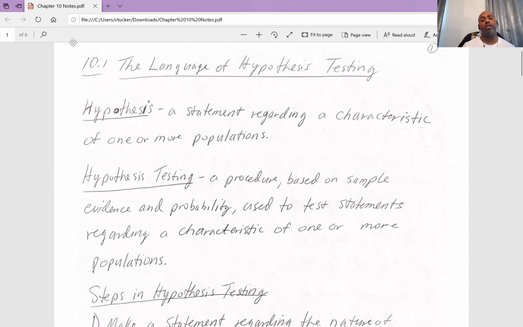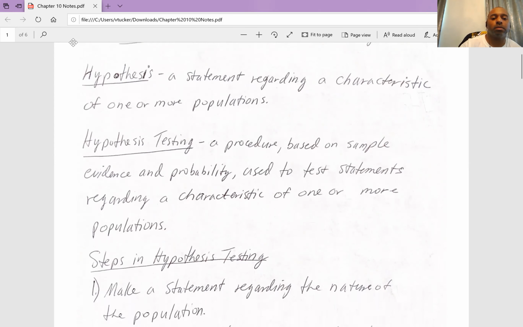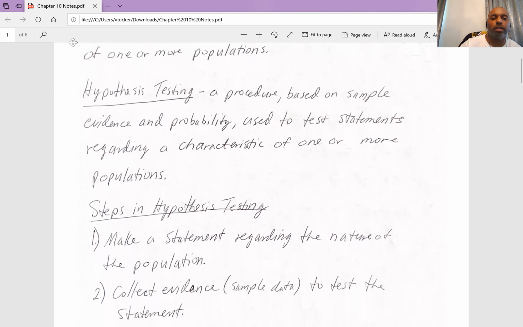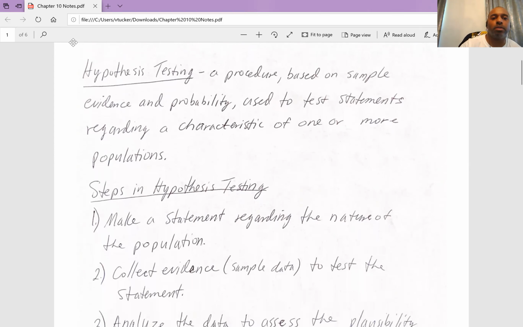So 10.1 and 10.2 are all based on hypothesis testing. There are three scenarios that we're going to run across, and you'll see them as we get there. But that's what 10.1 and 10.2 are about, hypothesis testing. Anybody still holding on to that first sentence? Let me know.